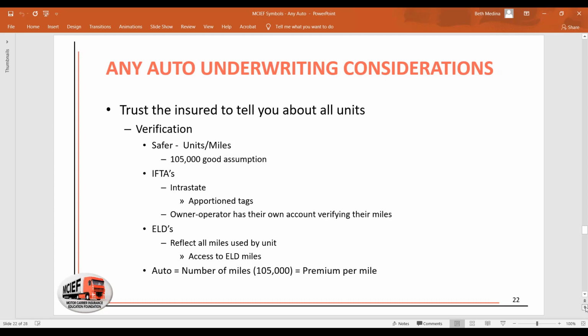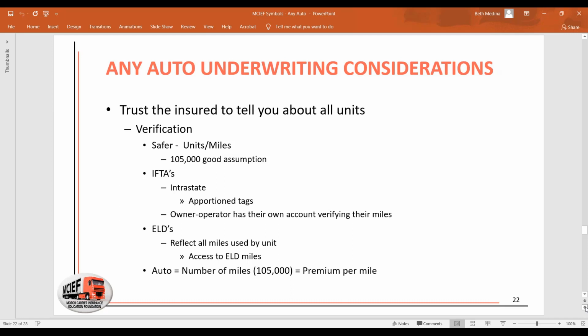There is a new thing that we have to consider: electronic log devices. Electronic log devices reflect all miles used by a unit, meaning owner-operator or owned. So one way you would maybe not rely on IFTA alone today is because of the new electronic log device requirements, effective for all units that have engines from 2000 or newer.